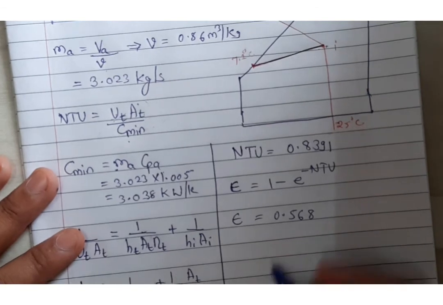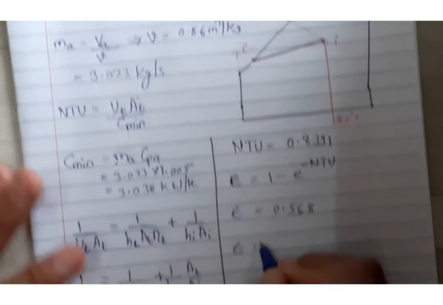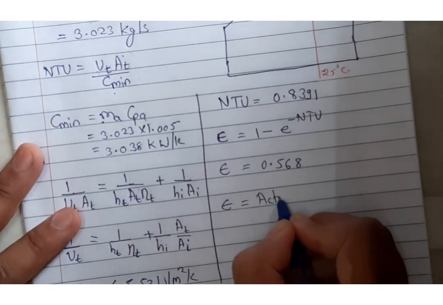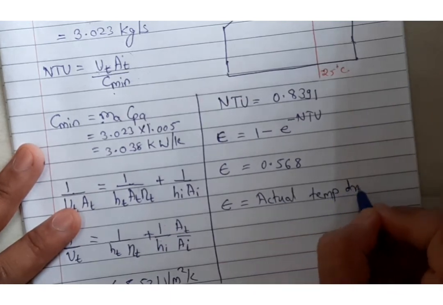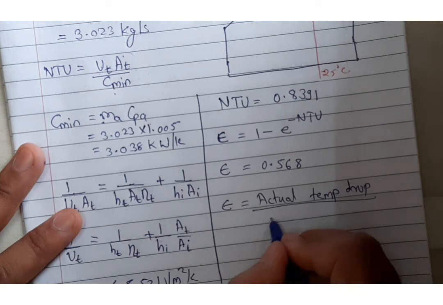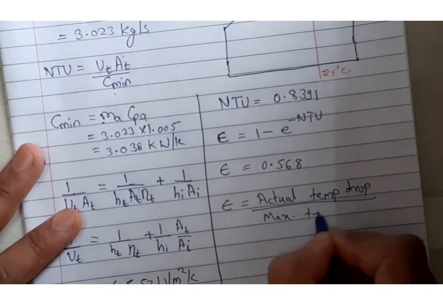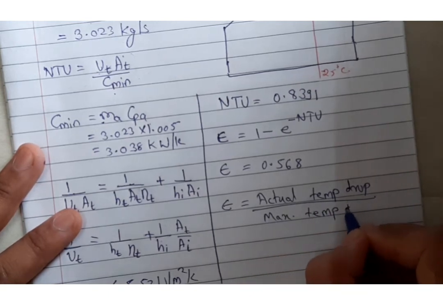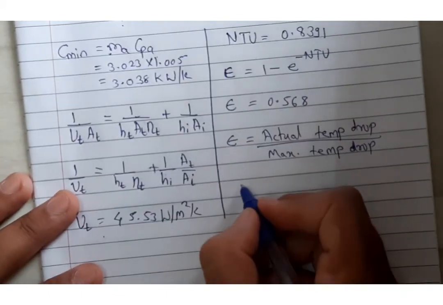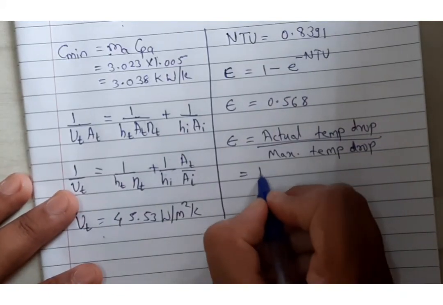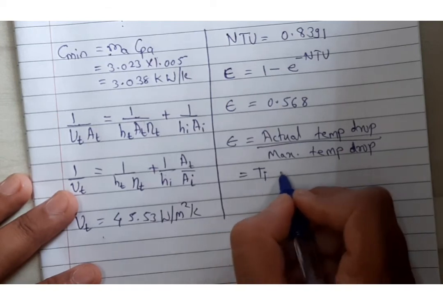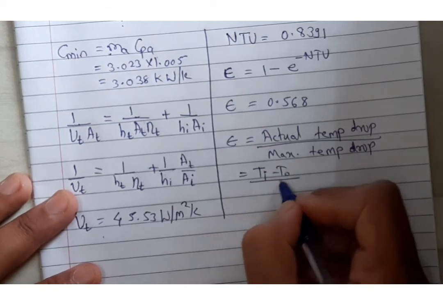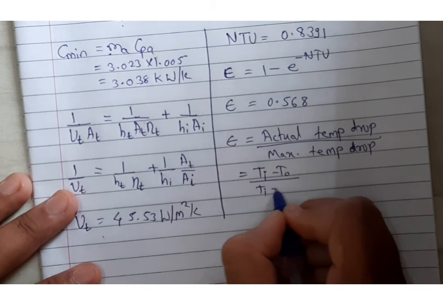568. But what is effectiveness? As per the definition, it is the actual temperature drop to the maximum temperature drop, right? So we can write this equation as Ti minus To upon Ti minus Tl.